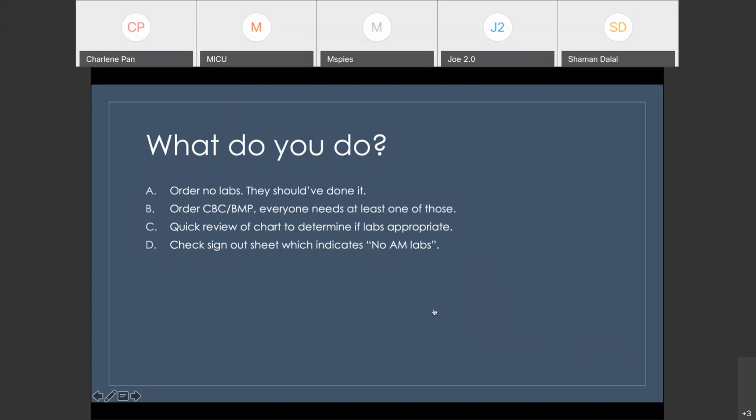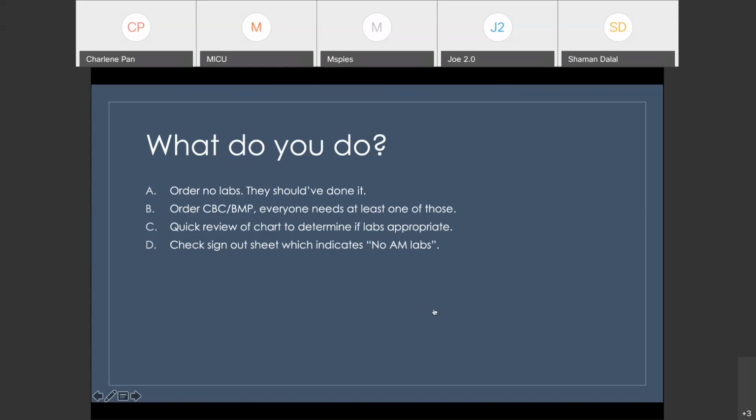Just BMP and CBC, you know, routine labs. Everybody needs at least one of those. C. Check the sign out sheet, which indicates no AM labs. Yeah, that would be nice.